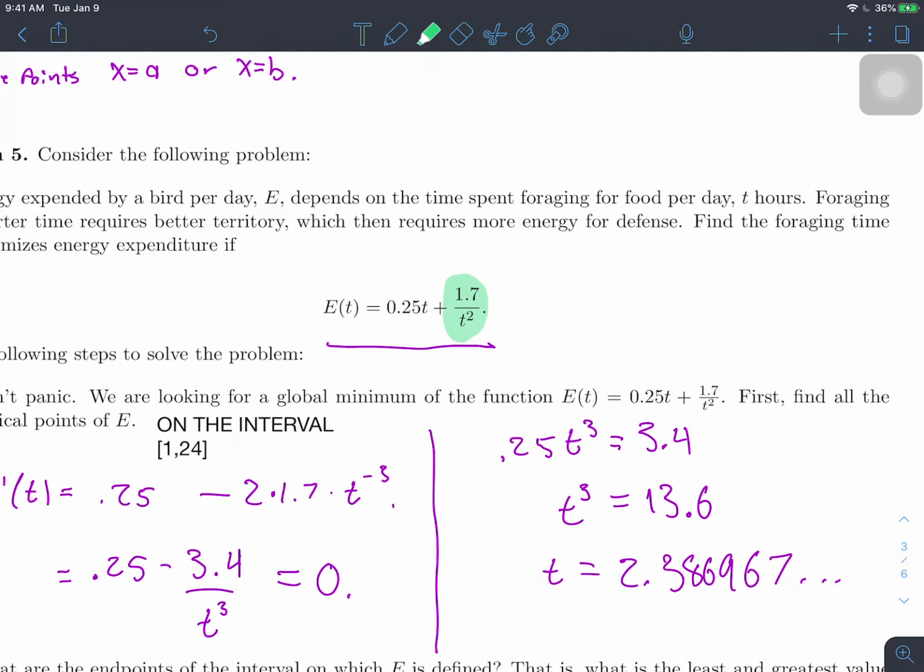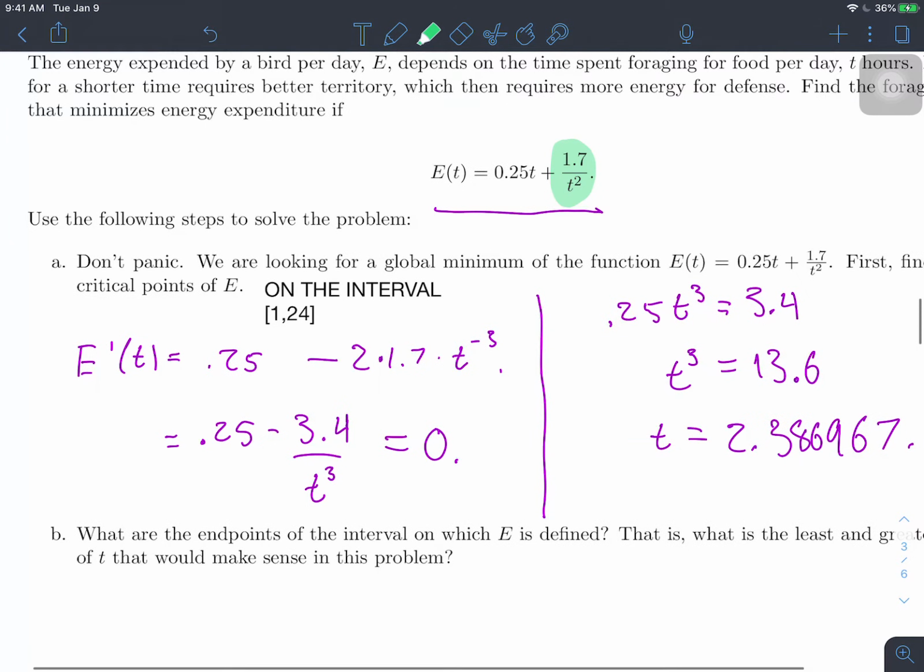Now we computed the derivative. We got 0.25 minus 3.4 over t cubed. Are there any values of t for which this function doesn't exist or is undefined?